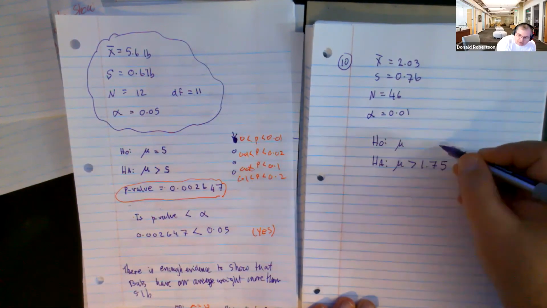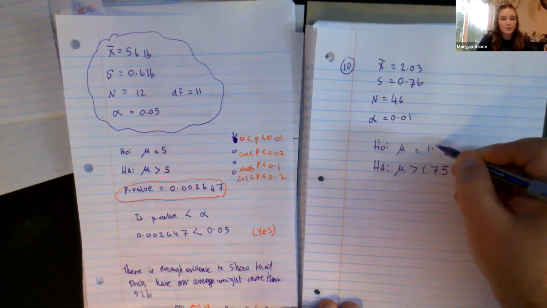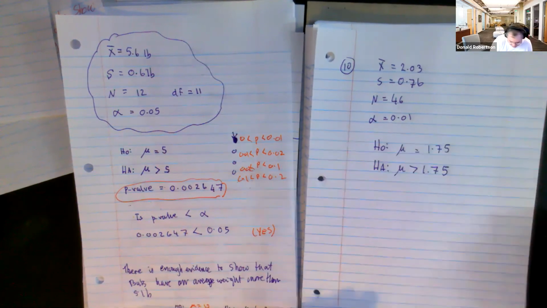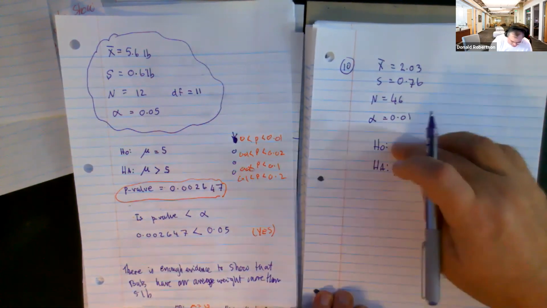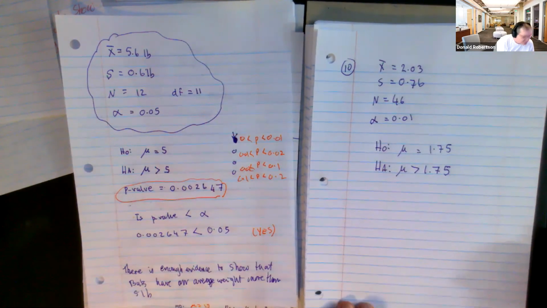Mu equals 1.75. Right, are we getting so comfortable with that I can stop asking you that question now? Okay, good. So I'm just going to write it from now on. I may ask you what this one is, because you may have to think about that, but not this one.